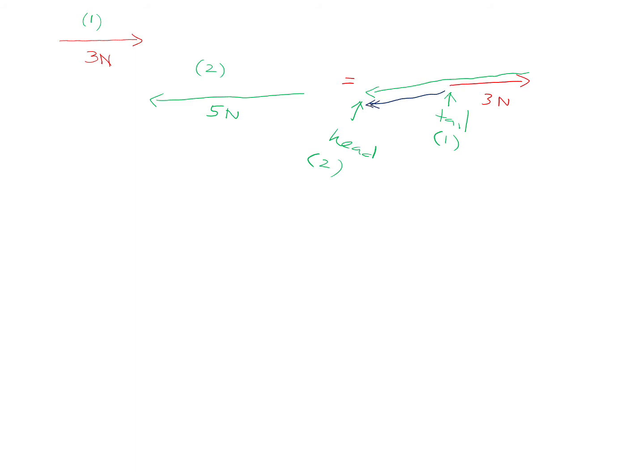This is your final vector. So adding 1 plus 2 gives you a vector. The magnitude is 5 minus 3, 2 Newtons to left. The direction of this arrow shows the direction. So this is your final, resultant vector.